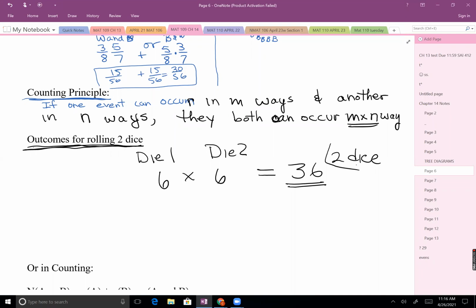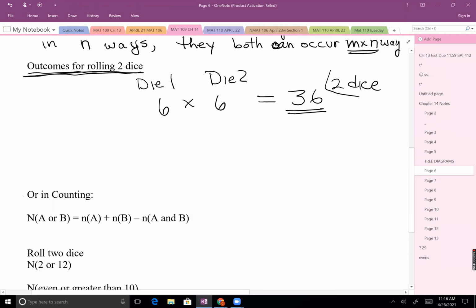Mm-hmm. So we talked about or in probability, it's kind of the same way. Or in counting, the number of ways A or B can occur is equal to the number of ways A can occur plus the number of ways B can occur minus the number of ways that they both occur at the same time.